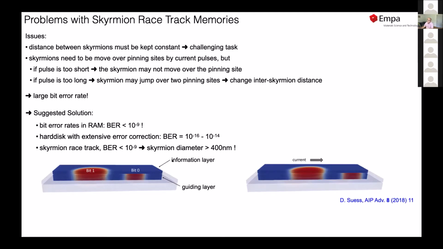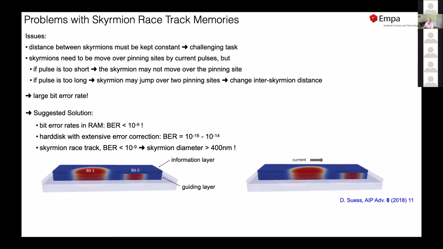So Dieter has already proposed the solution, and the solution is to have two layers carrying Skyrmions, one layer here at the bottom that carries a Skyrmion chain, which is a periodical chain of Skyrmions. So the distance between these Skyrmions is very well defined, and the chain moves as a whole chain through the device. And then to write the information, you can either put an additional Skyrmion in this top layer or not.